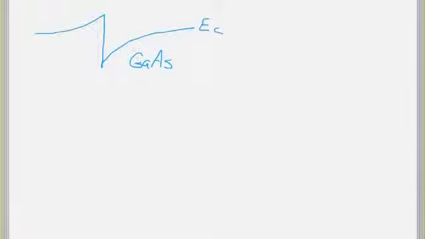And in this system, you place the dopants back here. You do what's called delta doping. So the dopants are away from the electrons, which are sitting down in here. The dopants are moved back some few microns.